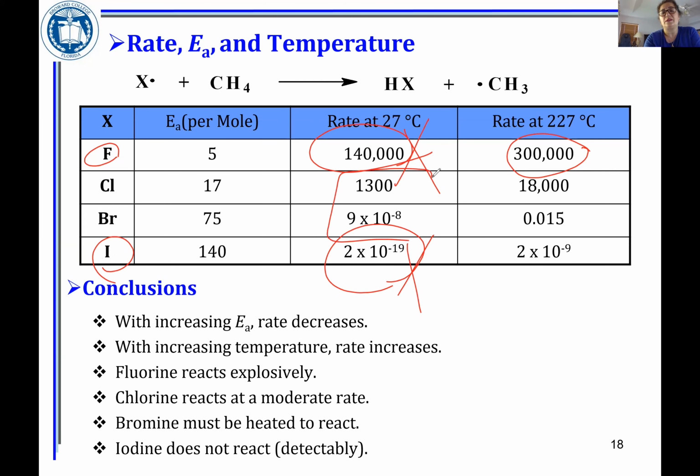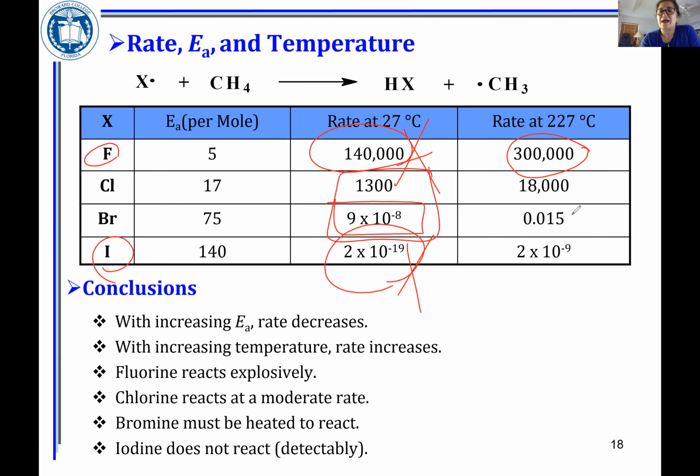So usually we don't deal with these two reactions. We only deal with chlorination and bromination. Chlorination is an exothermic reaction because the rate is over 1. And then bromination has a smaller value for the rate, and it is actually an endothermic reaction, a slower reaction.